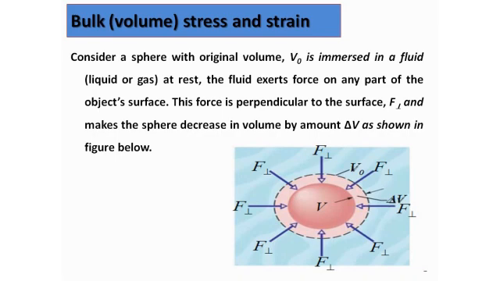So the fluid exerts a force at any part of the object. Now this force is perpendicular to the surface. This force is F, and it makes the sphere decrease in volume. This was the initial volume, and the one shown in the dark color is the final volume. So the difference in the volume is shown in the figure.